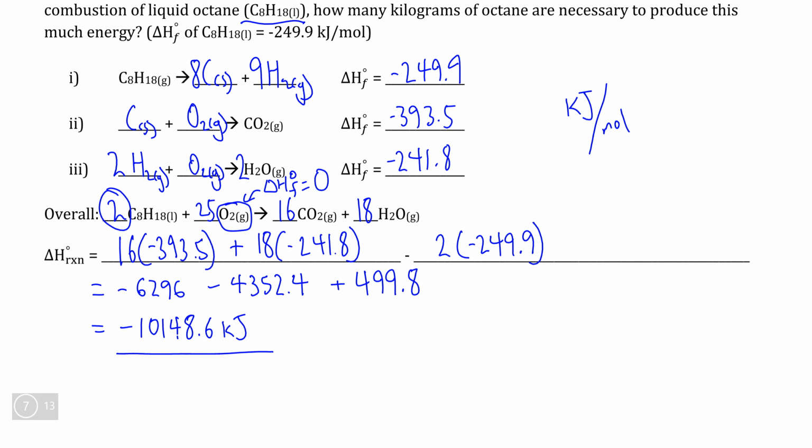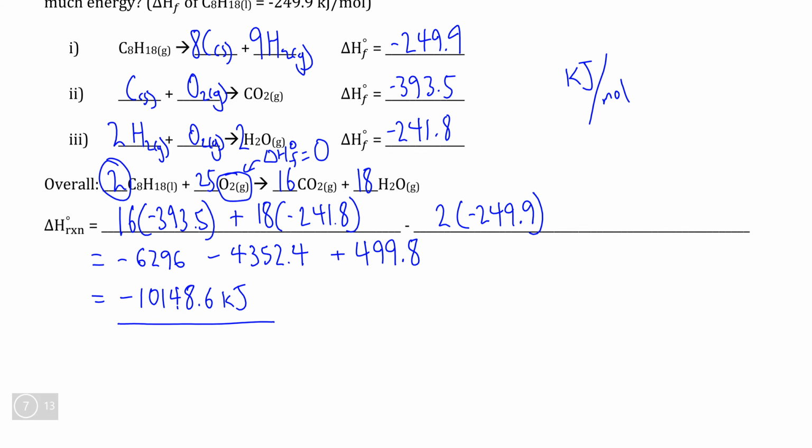So if we wanted to find the kilojoules per mole, we would need to divide this by 2 moles of C8H18, and this number comes out to 5,074.3 kilojoules per mole of C8H18. Now, normally we would be done, because normally in this type of question, the final answer that we want is expressed in kilojoules per mole.